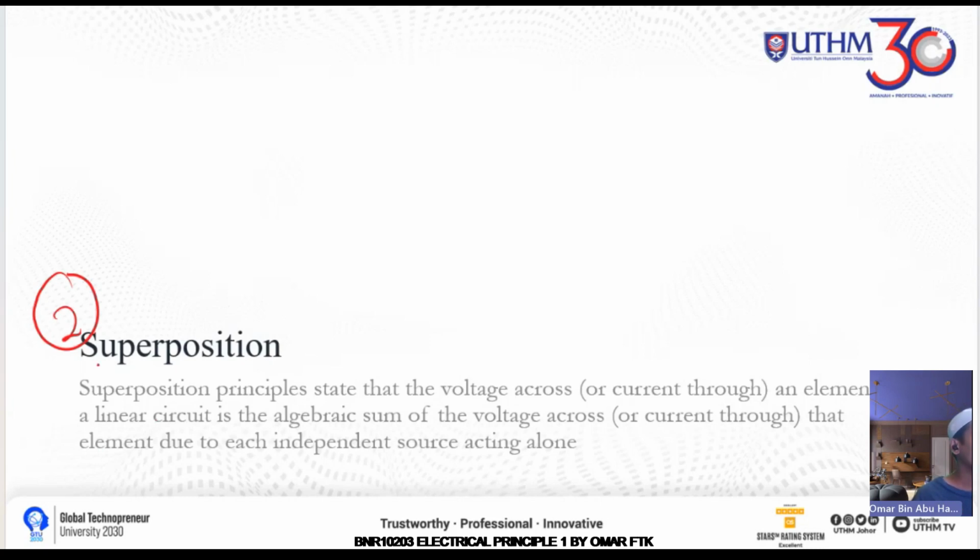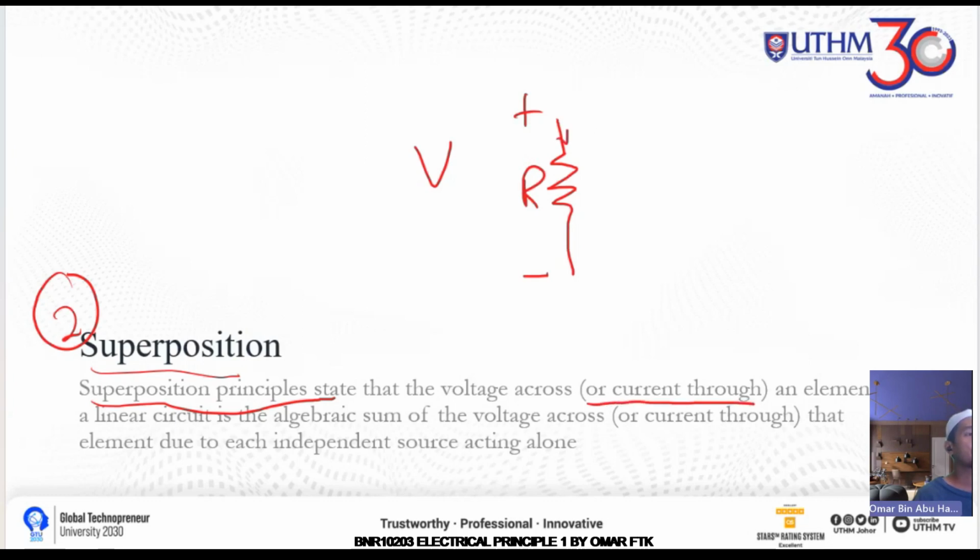The superposition principle states that the voltage across, that means if we have a resistor, the voltage across this resistor, or the current passing through an element, maybe a resistor or inductor, in a linear circuit is the algebraic sum of the voltage across or current through that element due to each independent source acting alone.